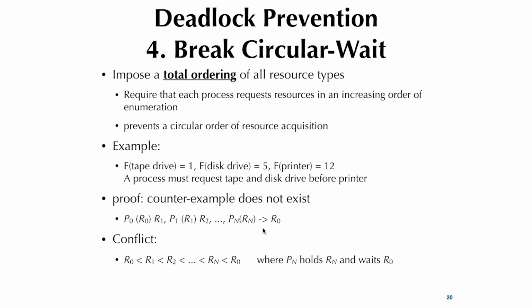But the system may try to enforce this at runtime and say, hey, you just requested a resource with a lower number than the one you're holding, and reject that. So at runtime, you could try to enforce this. So it looks like this fourth condition may be the most feasible of the four conditions for deadlock prevention.